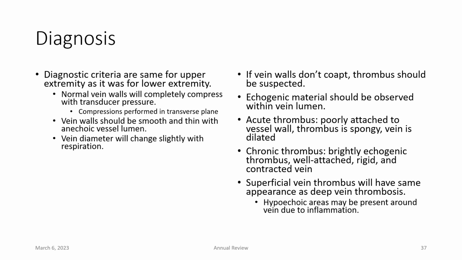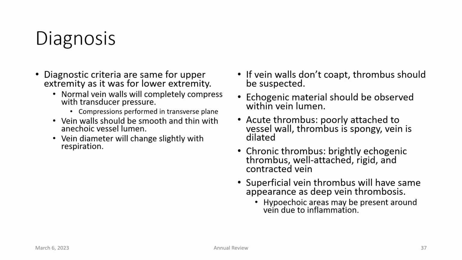Chronic thrombus, just like in our other systems, as clot develops, it becomes more echogenic over time. It becomes better attached to the wall, more rigid. And if it has completely obstructed a vein over time, usually that vein will just contract around the thrombus and hopefully build some collaterals to correct for it.